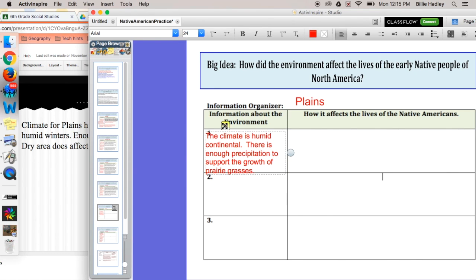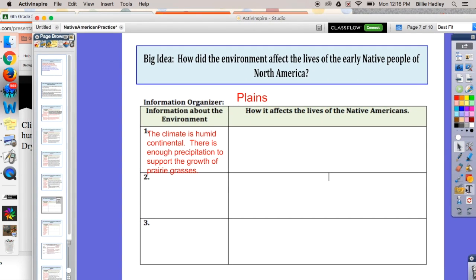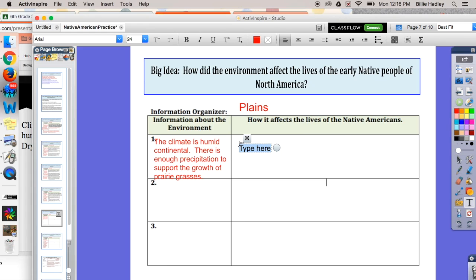Okay, so then the connection that we made to the prairie grasses was the buffalo. The buffalo ate the prairie grasses.